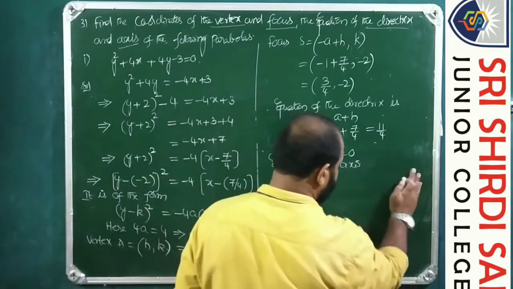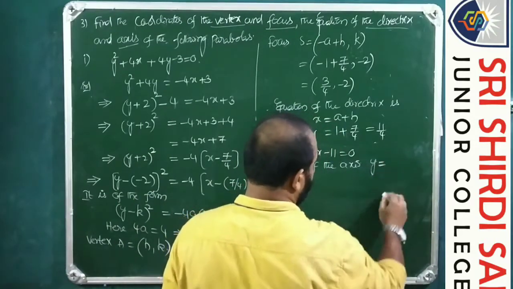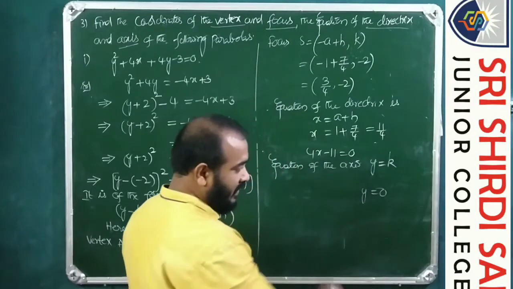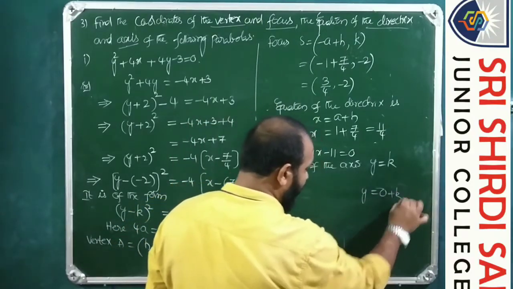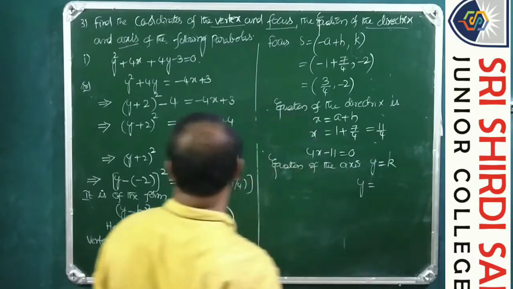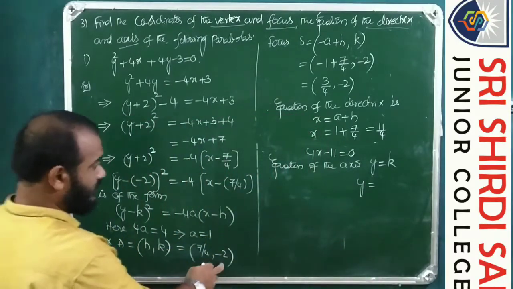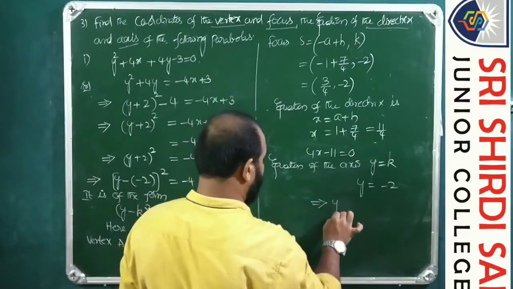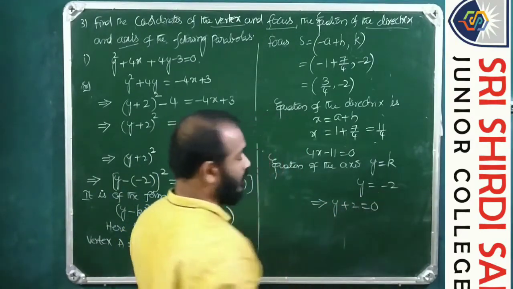But for this, y is equal to k. Y equals 0, with this additionally k will be added. So y is equal to k, and k is minus 2 here. So this is y plus 2 equals 0.